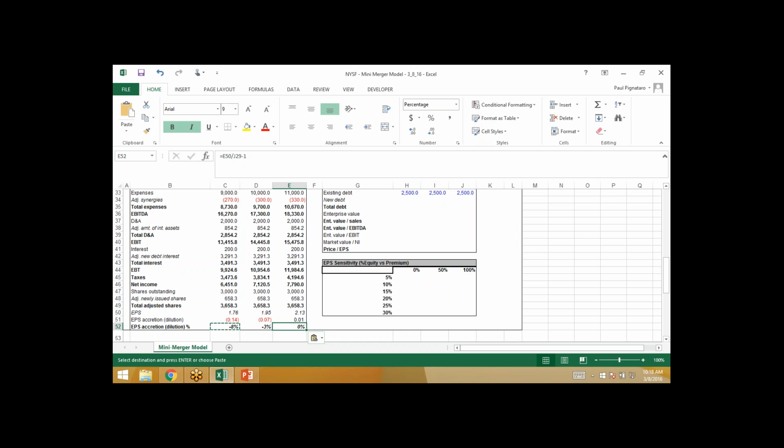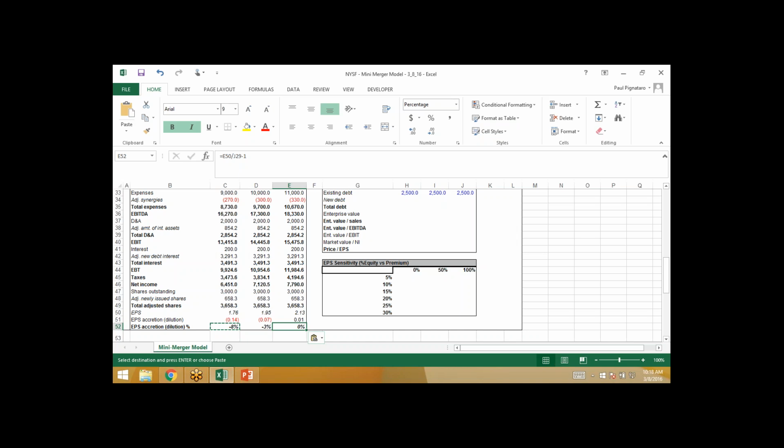What is impacting this dilution in the first year? What's impacting accretion and dilution? Because there's both going on in any case. The cost savings, that's what's going to eventually make the accretion. Cost savings. What else?